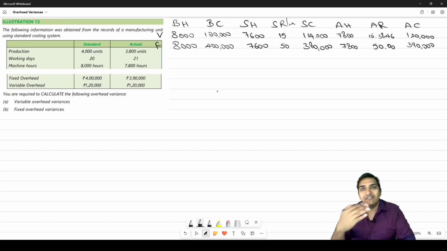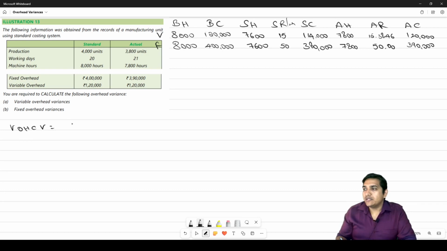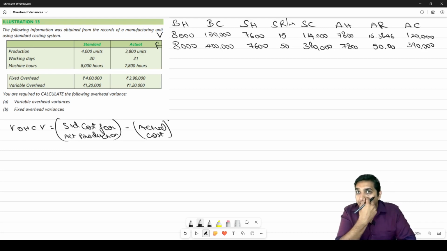First we will start with variables. Variable overhead cost variance. What is the formula? It is standard cost for actual production minus actual cost.